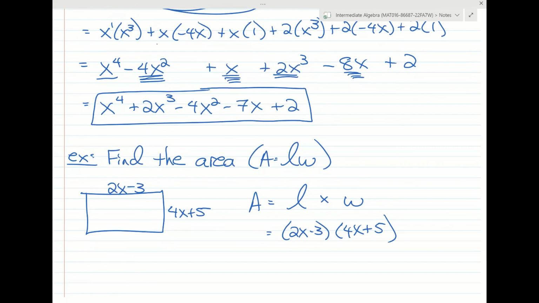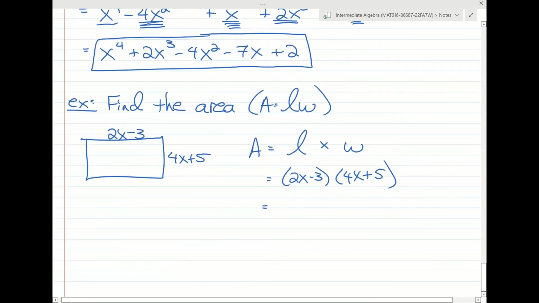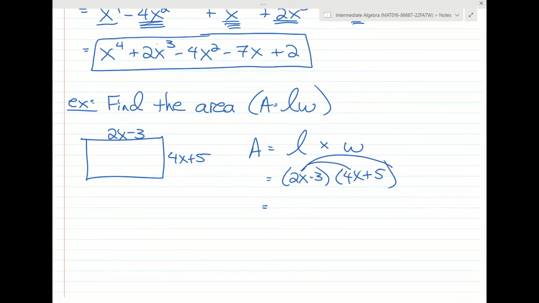And then we're going to finish it just like we did the other problems. We're going to distribute the 2x times everything, and then the negative 3 times everything.